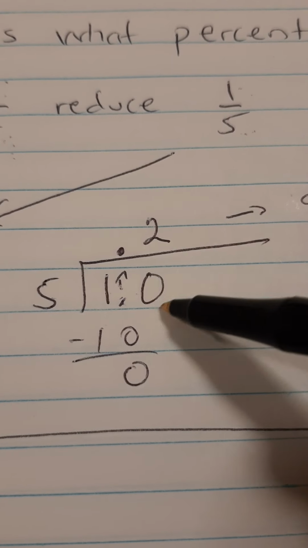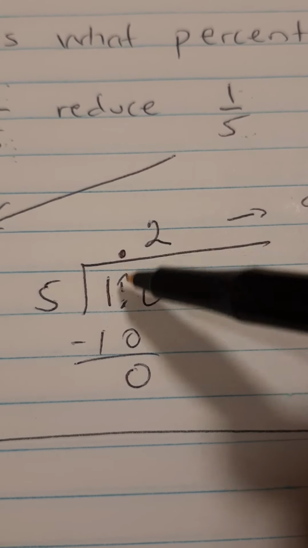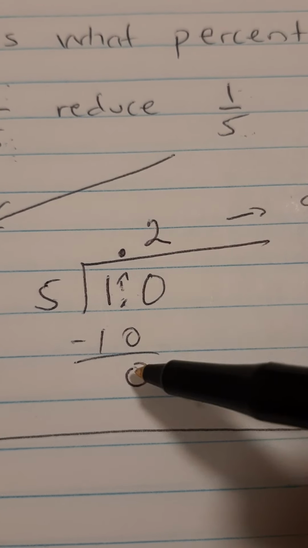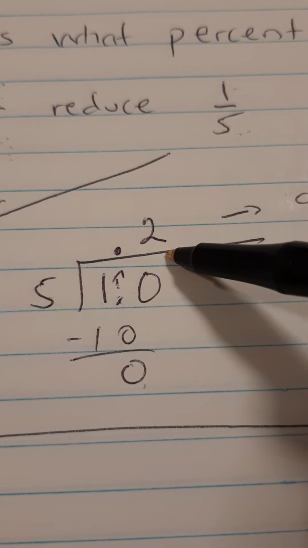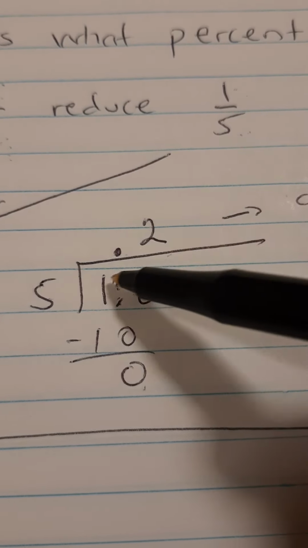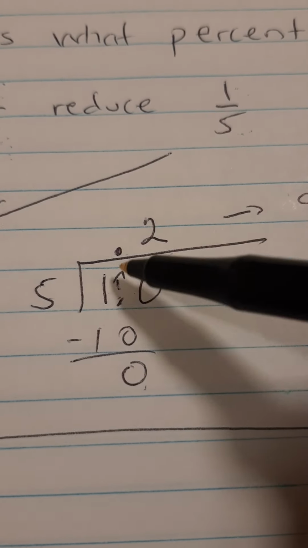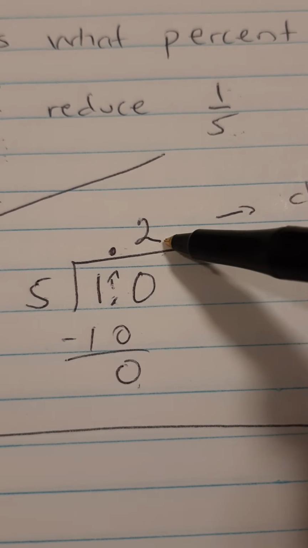I can add a 0 here, and then move your decimal point up to the proper place. 5 can go into 10 two times. 5 times 2 is 10. Do our subtraction. Our answer is 0.2. That is our decimal answer. We need to turn this into a percent. To turn a decimal into a percent, you move the decimal place over to the right 2 times, and that will get you 20%.